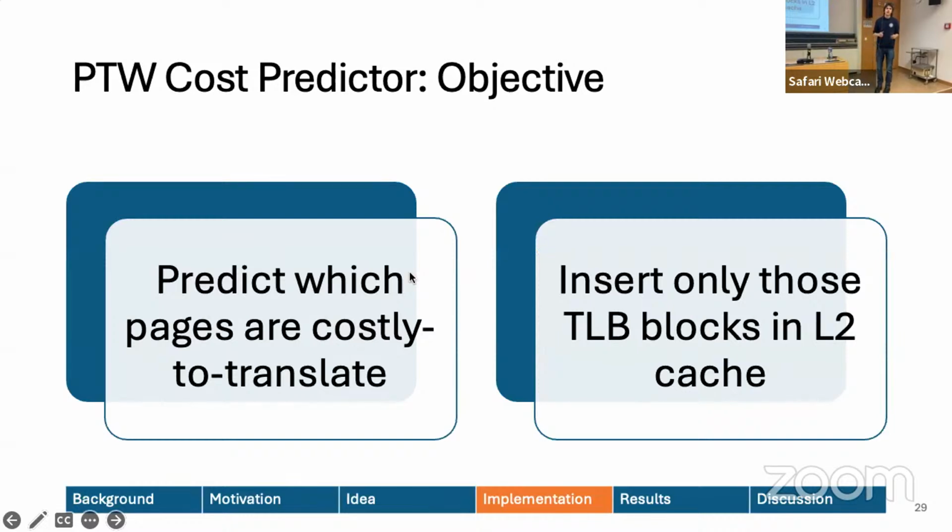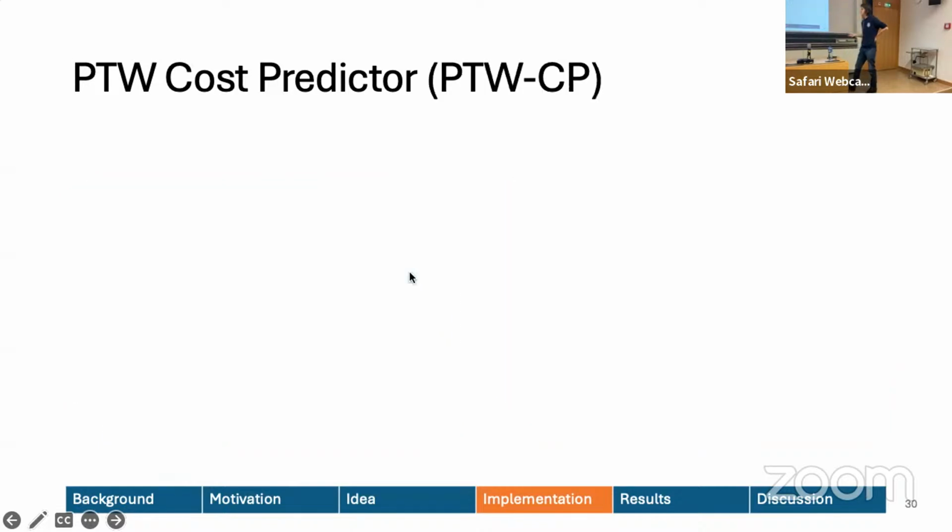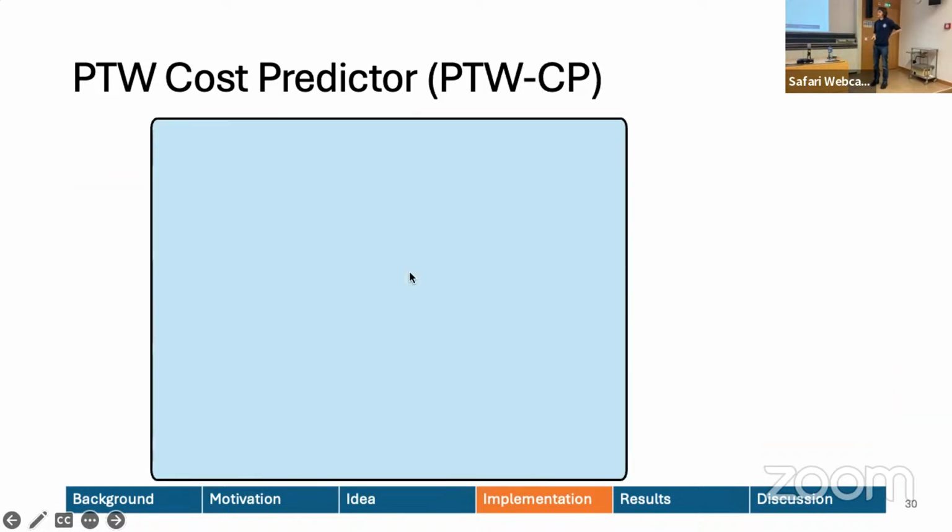Let's continue with the cost predictor, the magic box I said we would come to. The key purpose is to predict if this address is a costly to translate address. And if so, we insert the TLB blocks. How can we do this?